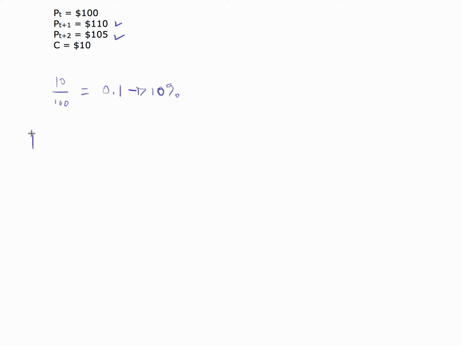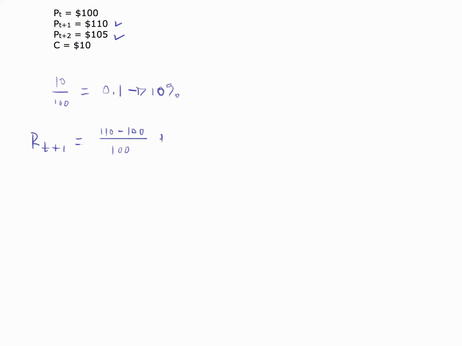So let's look at the return on the bond in period T plus 1. Remembering that we bought the bond in period T, so we're interested in the return for the next period, which would be T plus 1. So firstly, let's look at the rate of capital gain. This will be the price in period T plus 1 minus the price in period T, all divided by the price in period T. We have $110 in period T plus 1 minus $100, which was our original purchase price in period T, all over the purchase price of $100.